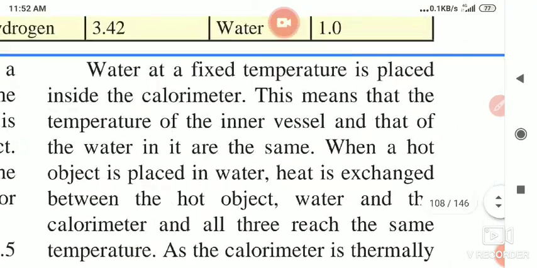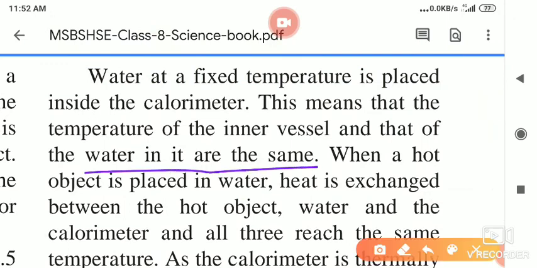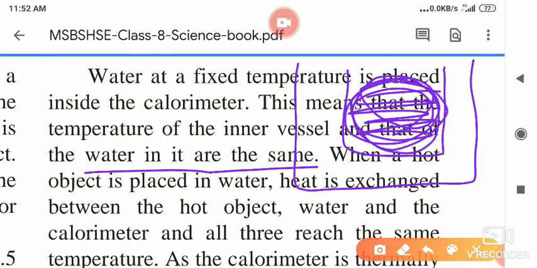This means that the temperature of the inner vessel and that of the water in it are the same. The inner vessel is made of copper, and this is the outer vessel. The inside water is filled, and the temperature of this water and the temperature of this vessel are the same.